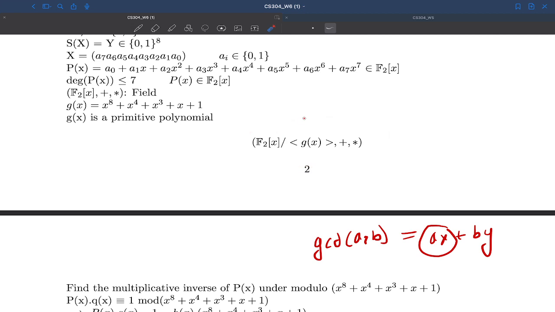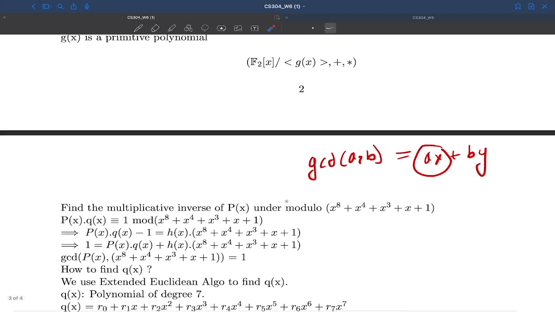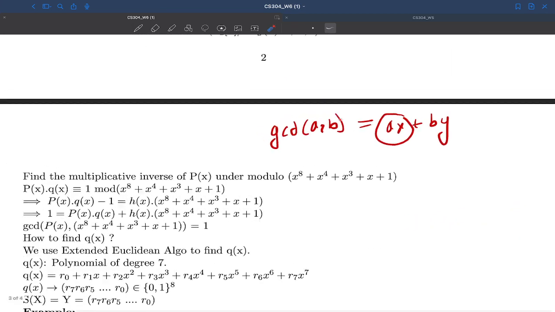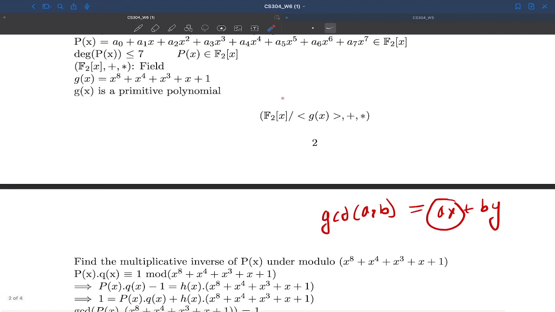So that's why we are taking this primitive polynomial and this kind of set of polynomials, so that we are able to find the inverse of every polynomial. So it is true that for this kind of field, you will be able to find an inverse.